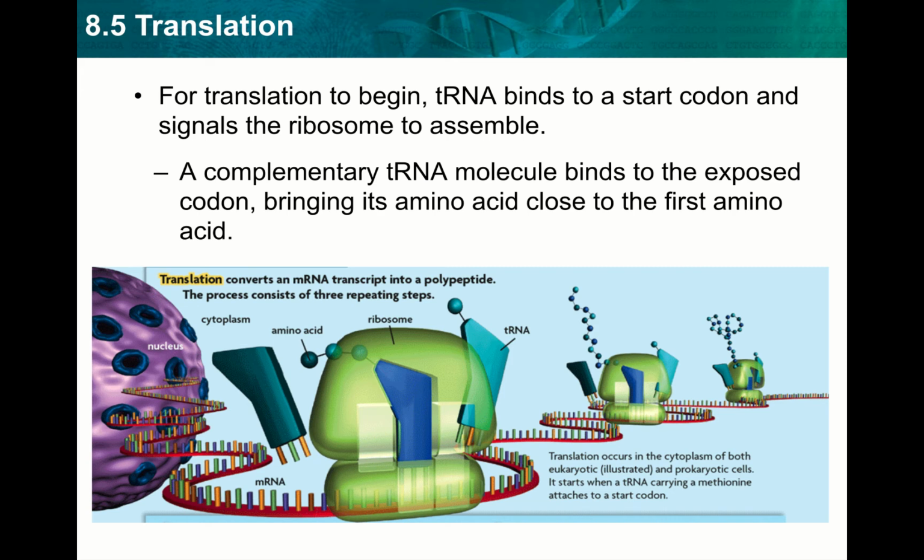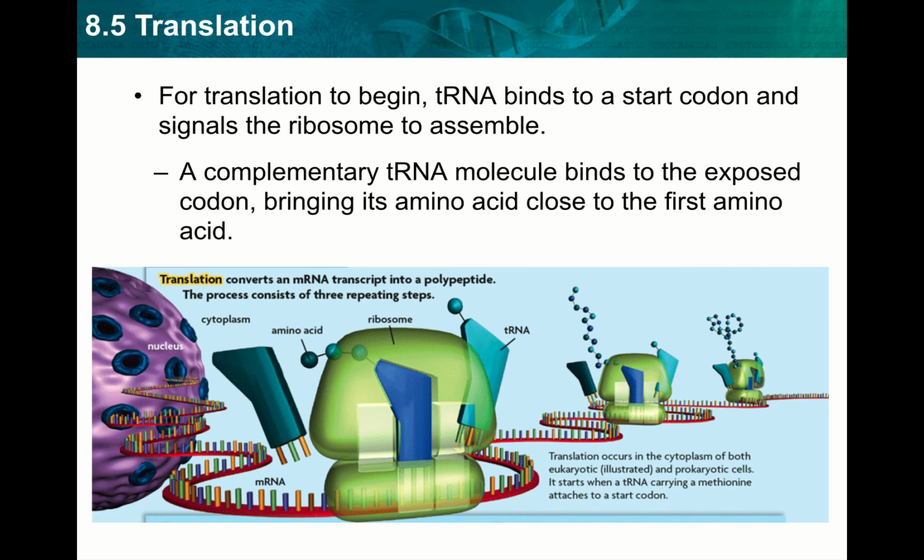So what happens is a complementary tRNA molecule binds to the exposed codon. So they kind of glue together for a little bit, and it's bringing that amino acid close so that it can be released.